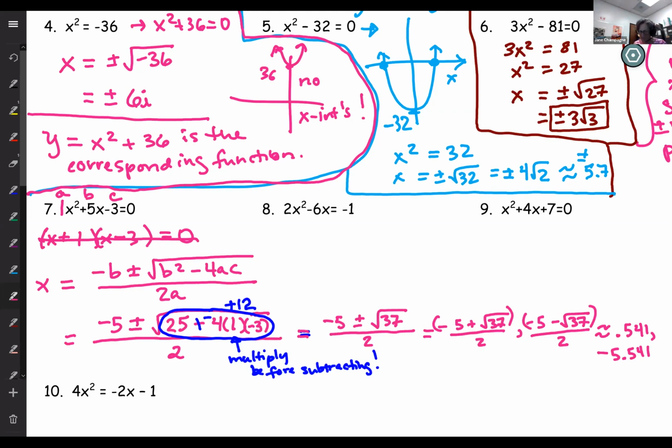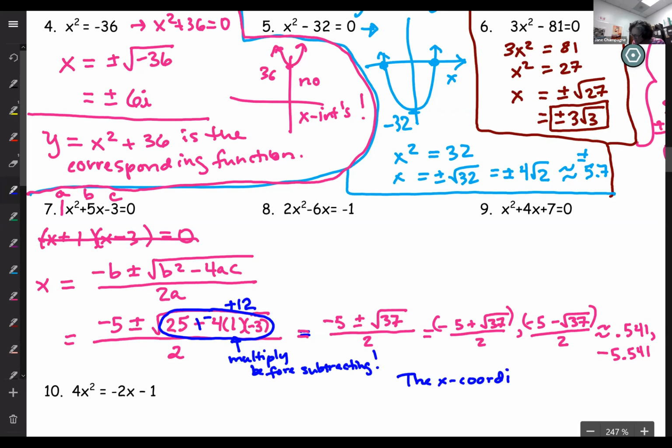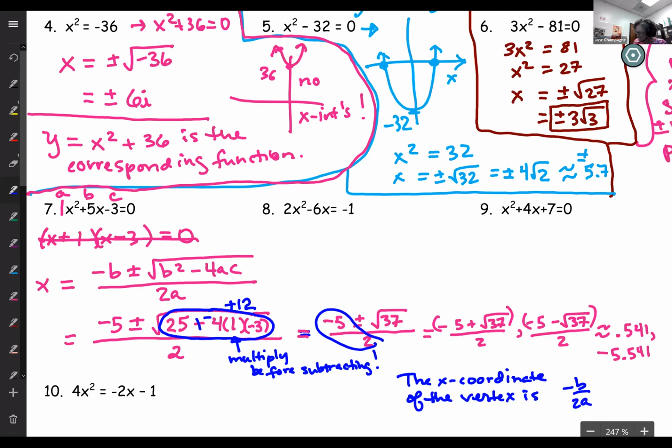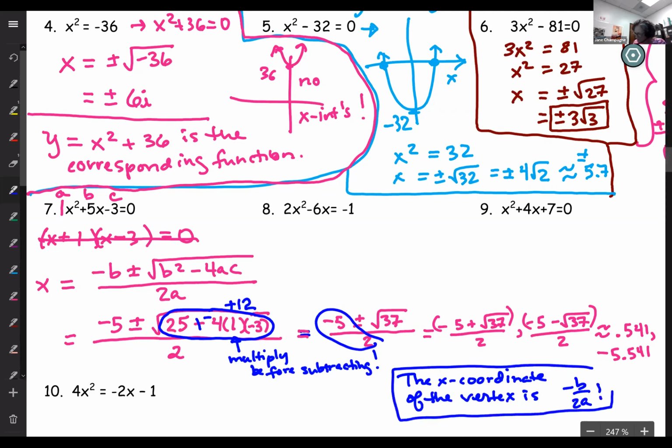Actually, we'll see when we look at quadratic functions that the x-coordinate of the vertex of a parabola is always negative b over 2a. It's always this first part of the quadratic formula. So I'll give you that as what we call a vertex formula. We call it H.